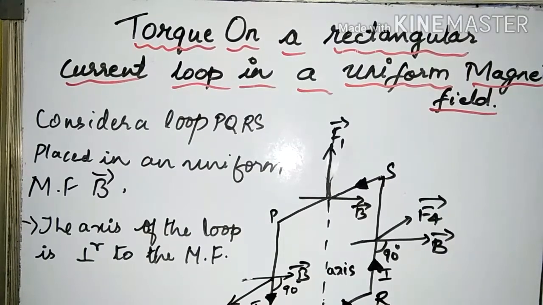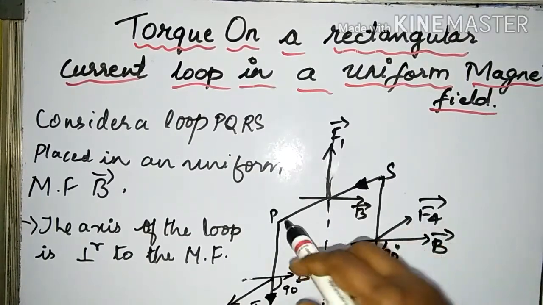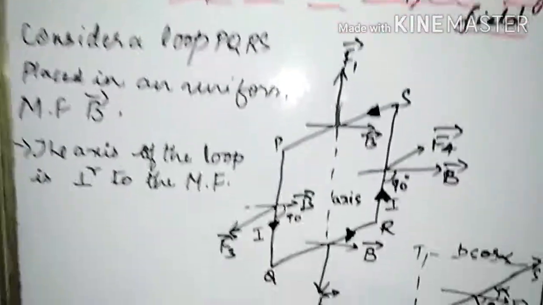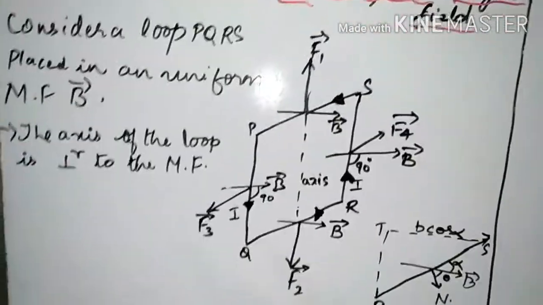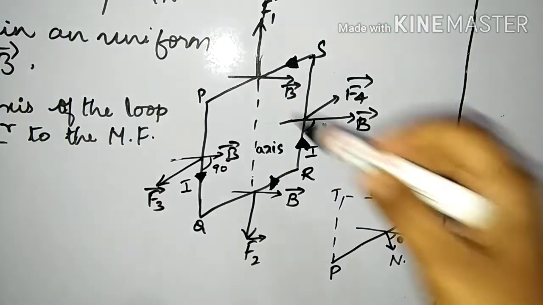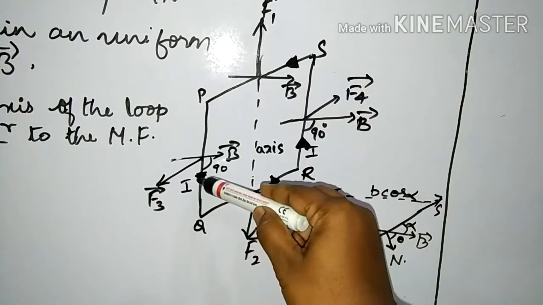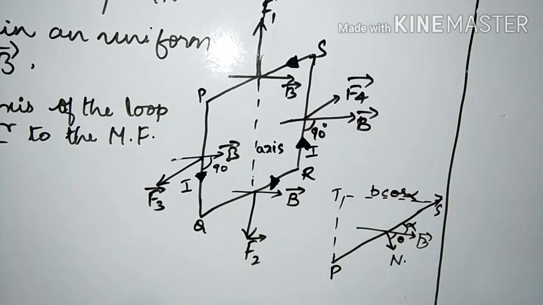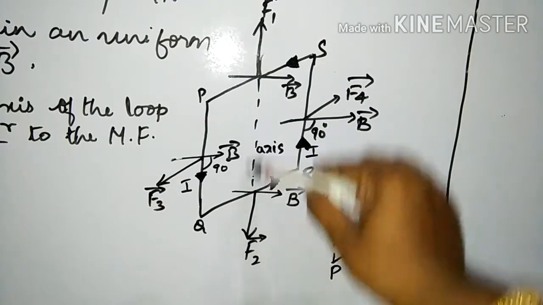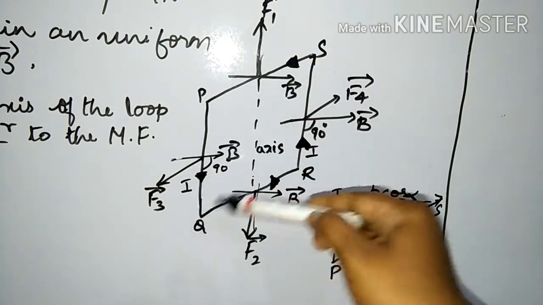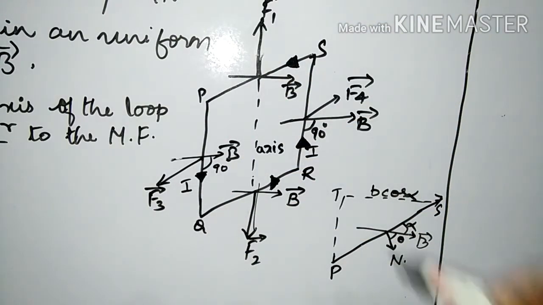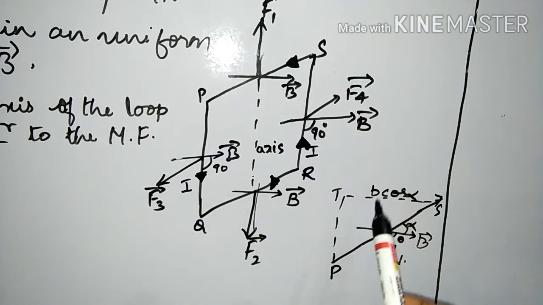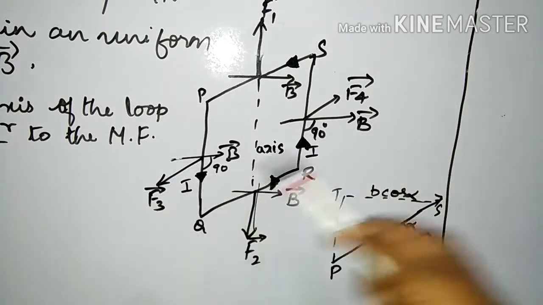Now here there is a current loop, as you see in the figure, PQRS, and the current is flowing through the loop. There are n number of turns in that loop, right? And this is the axis of the loop. The forces experienced by the loop are F1, F2, which are vertical, and F3 and F4, which are horizontal.